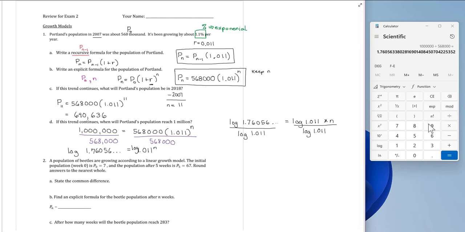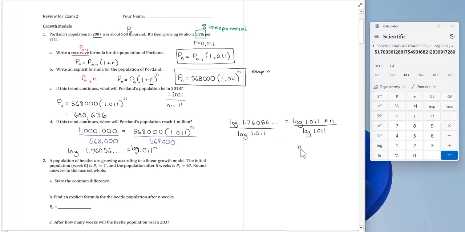To do this in my calculator, I already have the 1.76 in my calculator. So I need to find the log of that and divide it by the log of 1.011, which for me means putting in 1.011 first, hitting log, and then hitting equal.